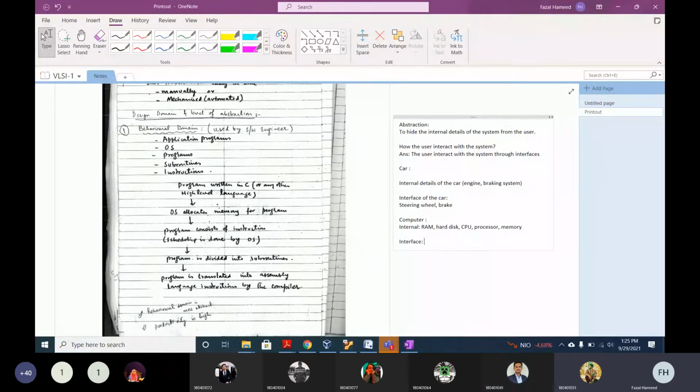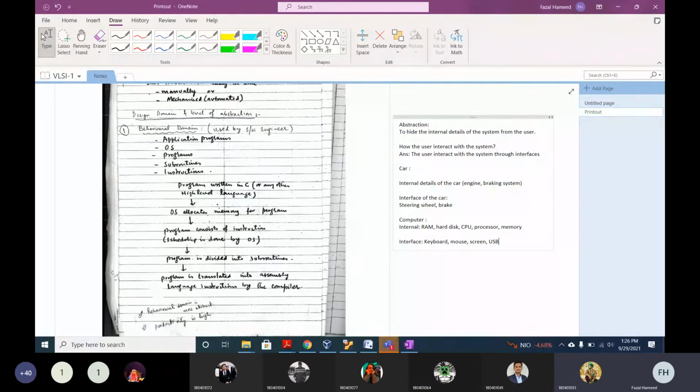So you interface with the system through the keyboard, mouse, screen and USB. There are also other interfaces. The internal details, like how your keyboard is interfaced with the CPU, how the data is communicated between the keyboard and your CPU, and how the data is displayed on the screen, are all hidden from the users. You get my point or not? Yes.